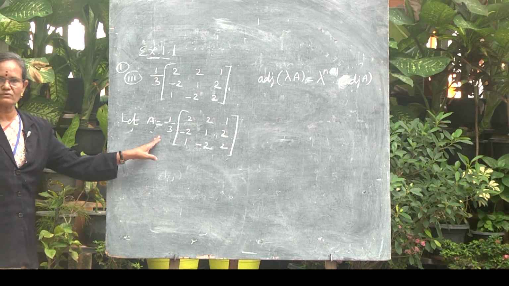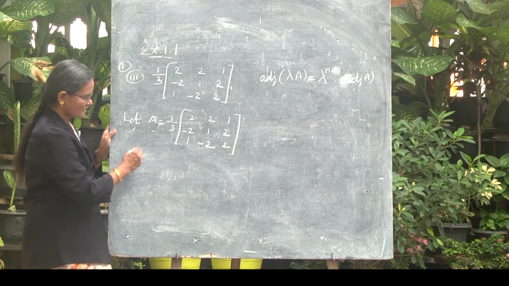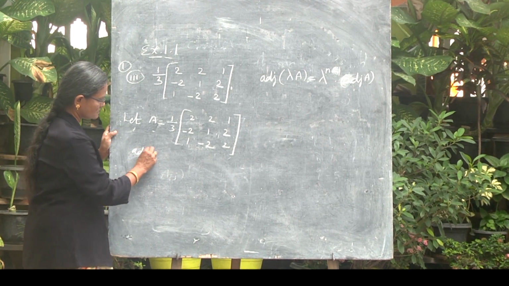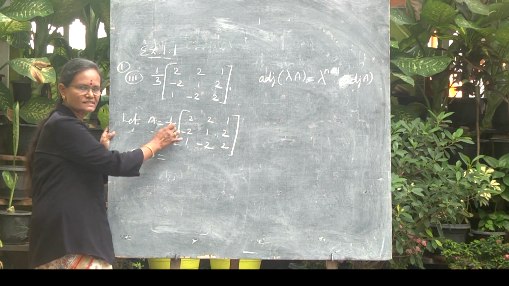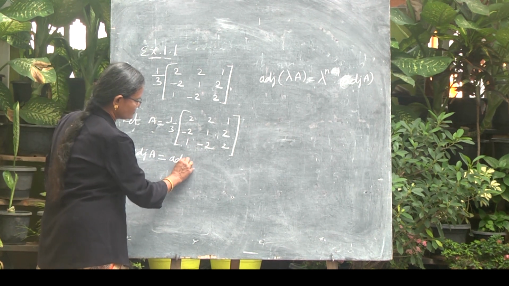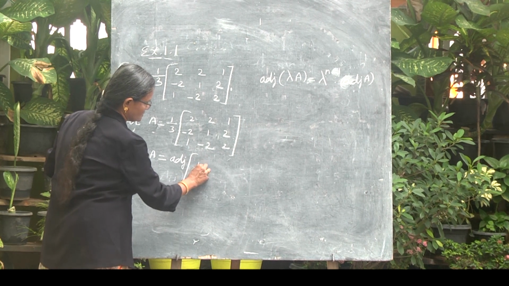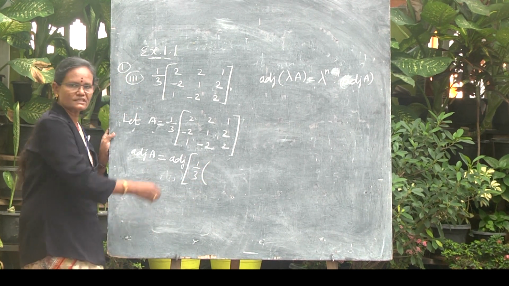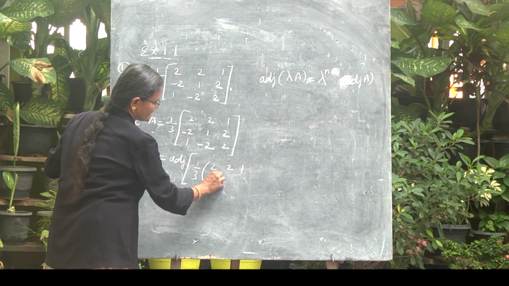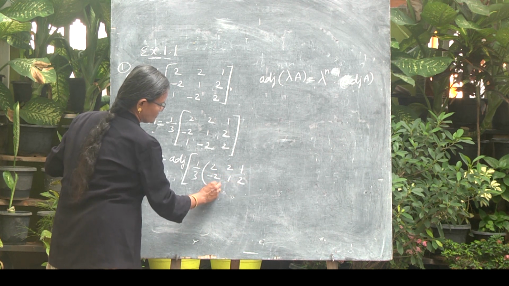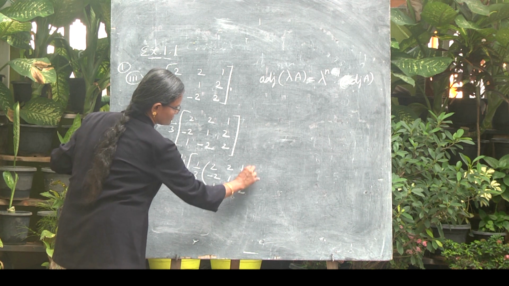What can we find now? Adjoint of A. Taking adjoint on both sides, adjoint of A is equal to adjoint of 1 by 3 into the matrix 2, 2, 1, minus 2, 1, 2, 1, minus 2, 2.